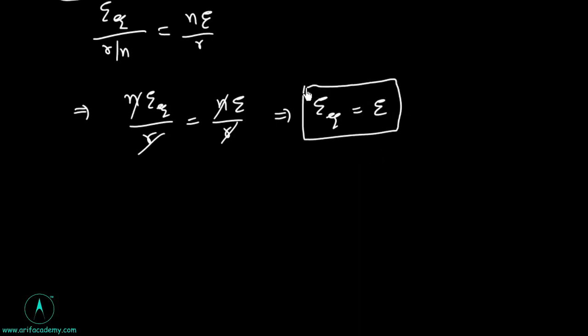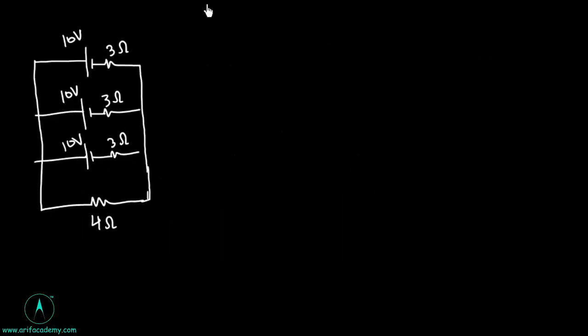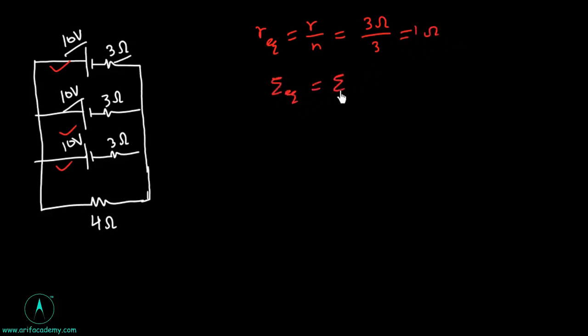So if I have a circuit in which I have 3 cells and these cells are identical, same EMF and same internal resistance, so R equivalent equal to R by n, here R is 3 ohm by 3, there are 3 cells 1 2 3, so this equals 1 ohm, and E equivalent equal to EMF of either cell, which is 10 volts.